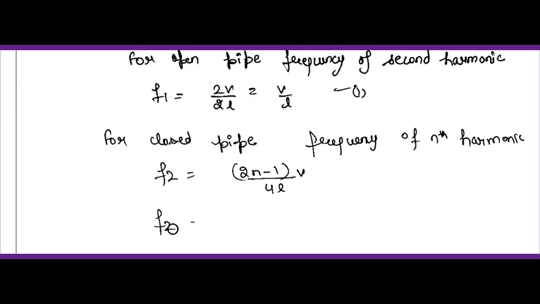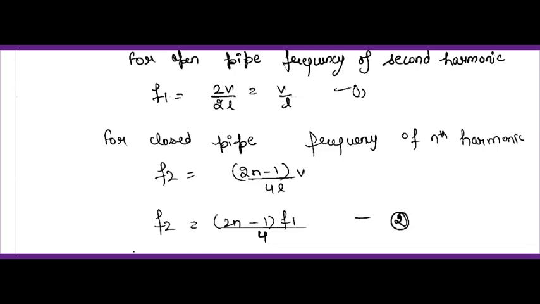So from this we get frequency 2 is equal to 2n minus 1, and we have v divided by L, this term is f1 here, so we can write f1, and this is divided by 4 here. So this is our equation 2.